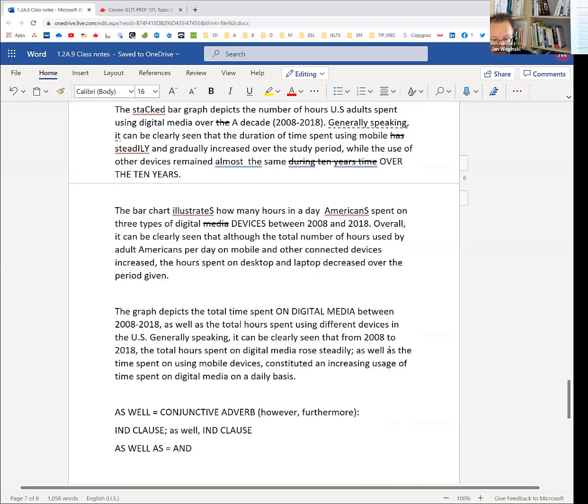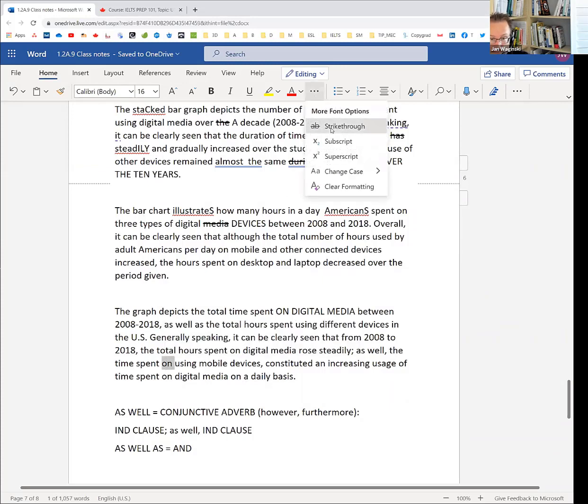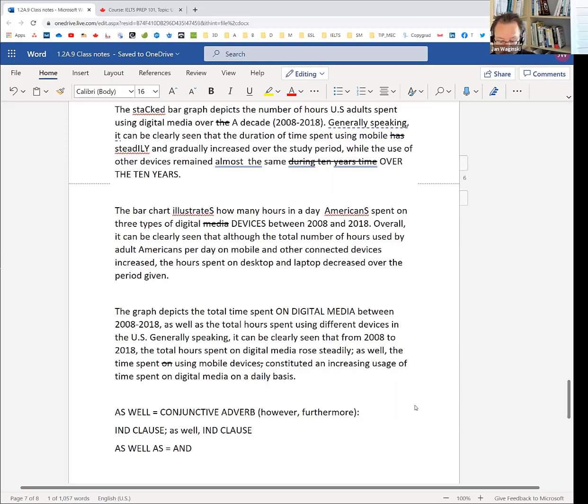As well, comma, the time spent using mobile devices constituted an increasing percentage or amount.